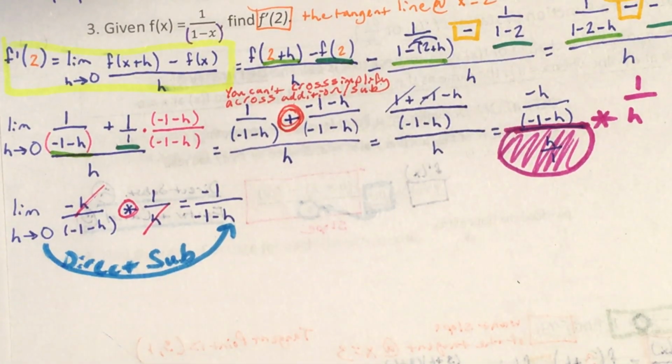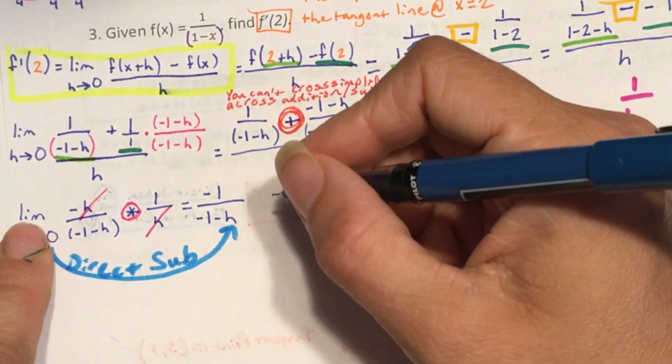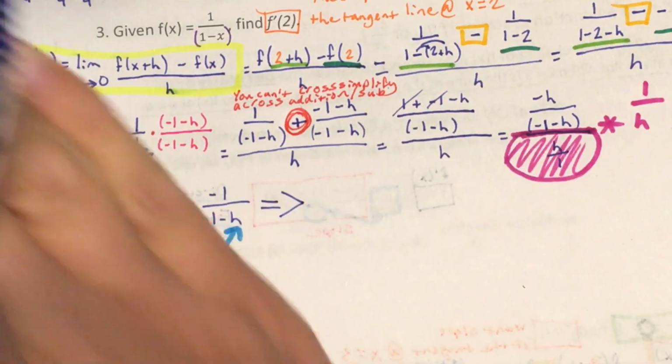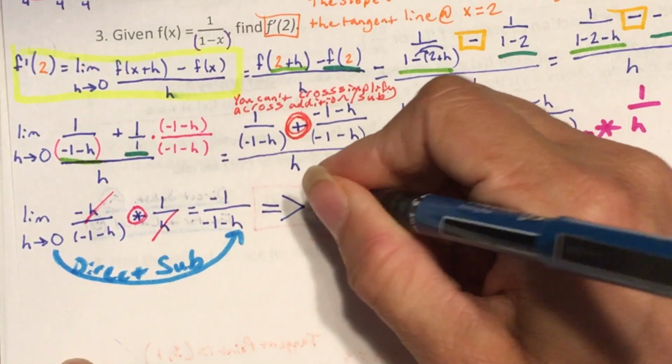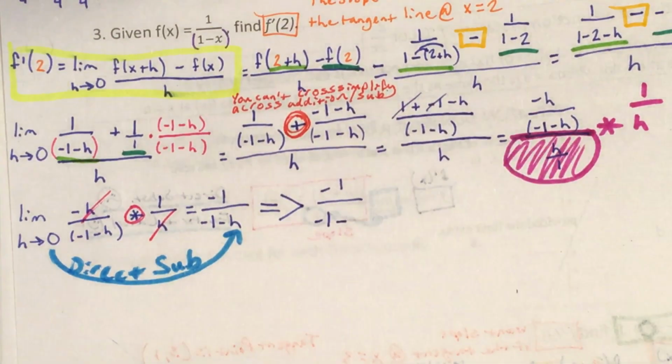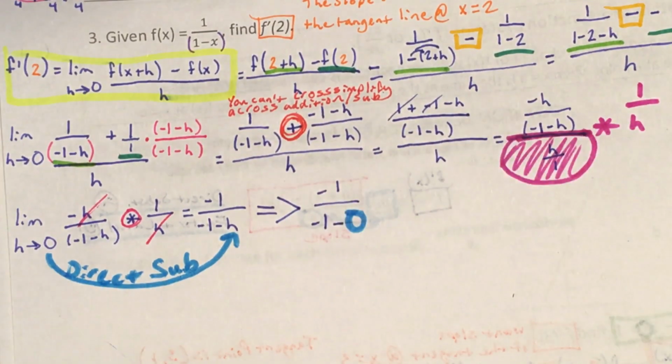So remember, once you do direct substitution, no more limit. And I denote that by doing the equal sign with the arrow, saying, okay, that limit stuff is gone. And now I simply have negative 1 over negative 1 minus 0, which we are plugging in for h.